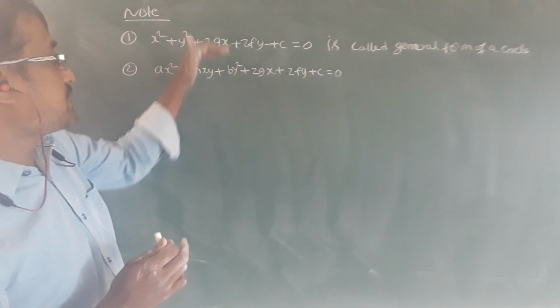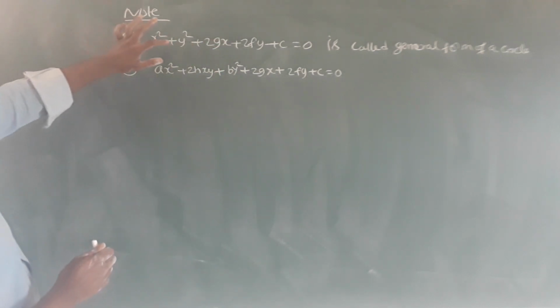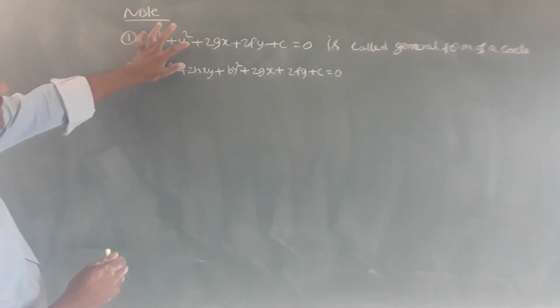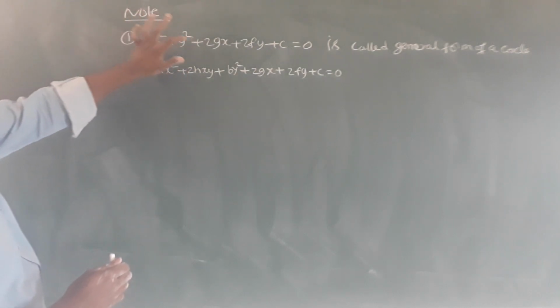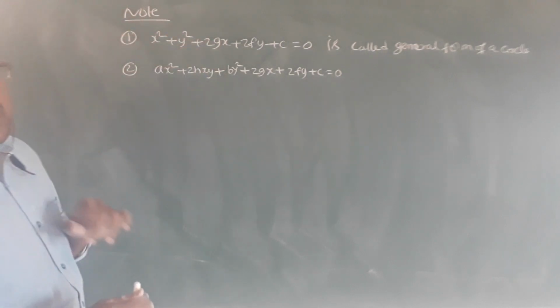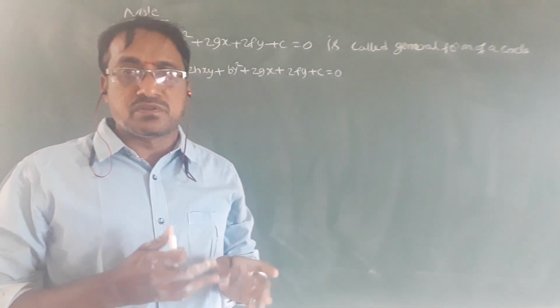Now you can compare these two equations. When you compare them, here the xy coefficient is 0 and the coefficients of x square and y square are always equal. Now there is a theorem, we are not going to prove that theorem.